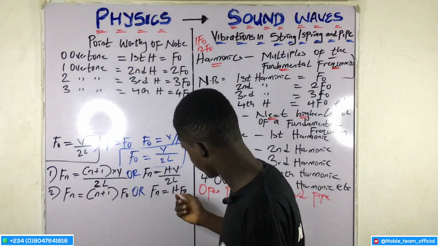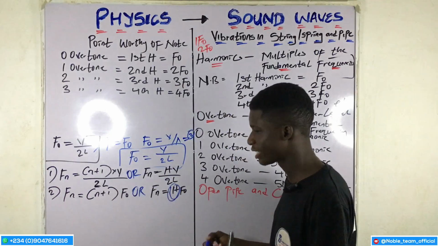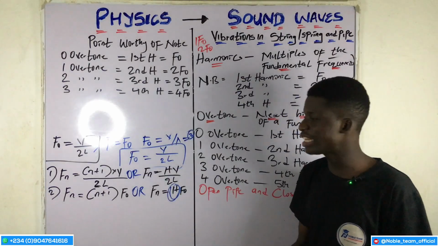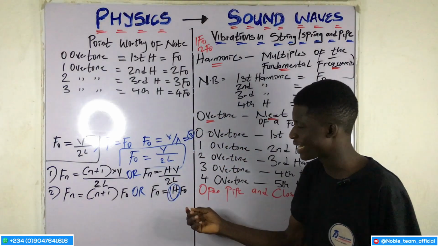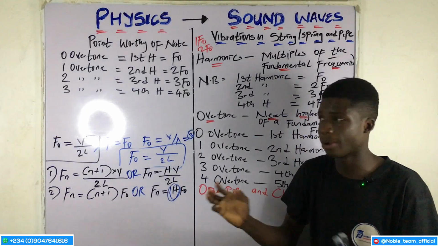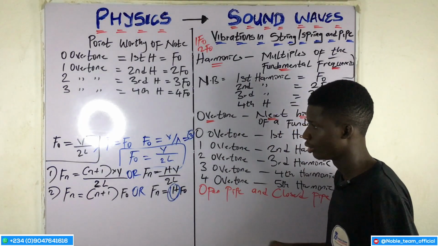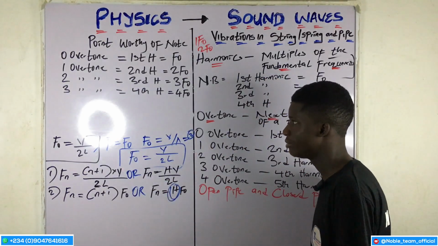My H is the harmonic number. I decided to write it as H. In some books, you will see n, but instead of using n, it will be confusing, so I decided to use H so you can understand what I'm trying to explain. Good. Any other thing? This is the fundamental frequency. This is my lambda. My lambda is always in meters.